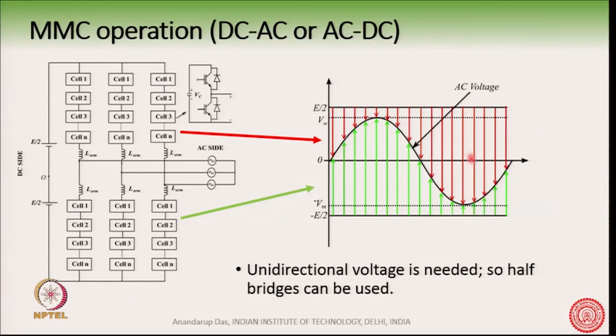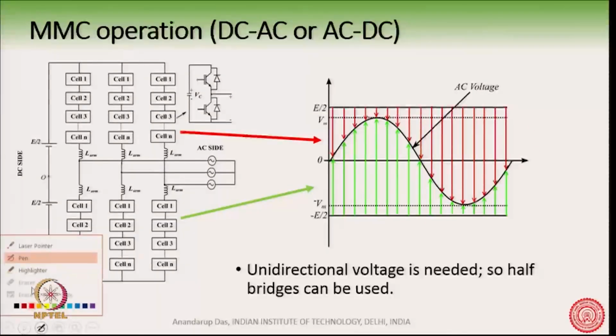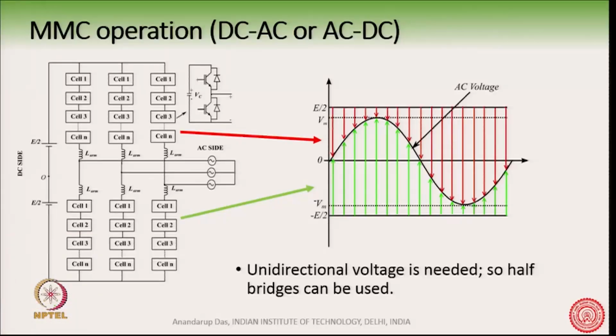So, in this waveform all the arrows are downwards. If the arrow directions are made opposite, like this, then if this AC voltage is available, it is possible that the DC voltage will be produced at the output of the converter.